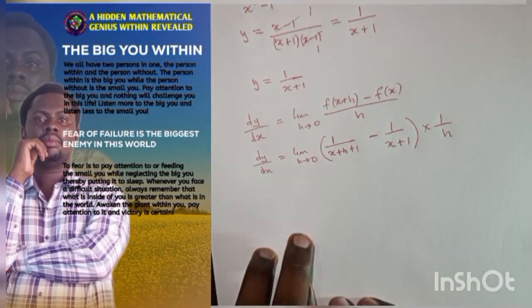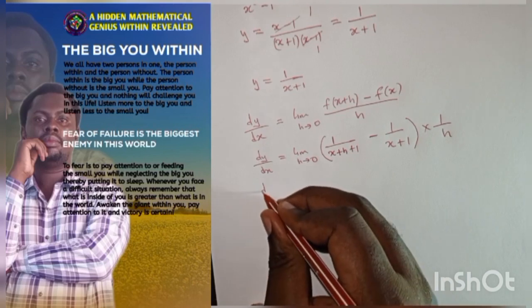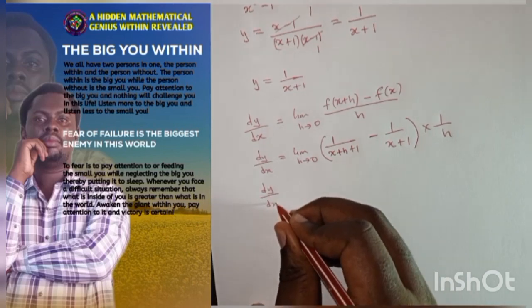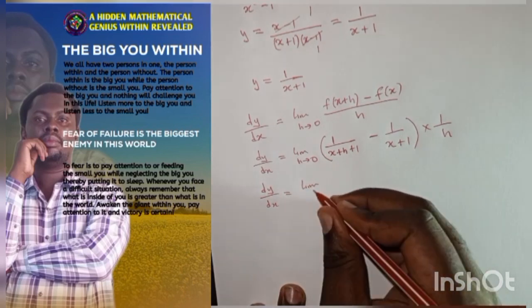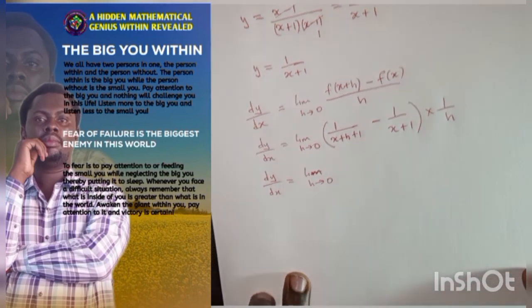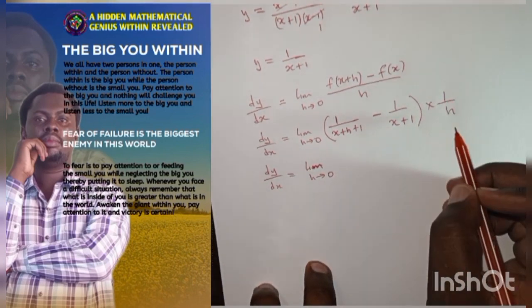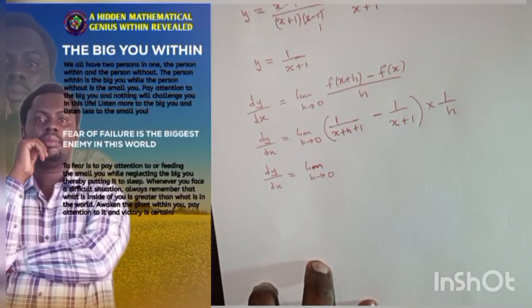Okay, so we are going to expand this. We say dy/dx is equal to the limit as h approaches 0 of, so this 1 over h will multiply through what is in the brackets.